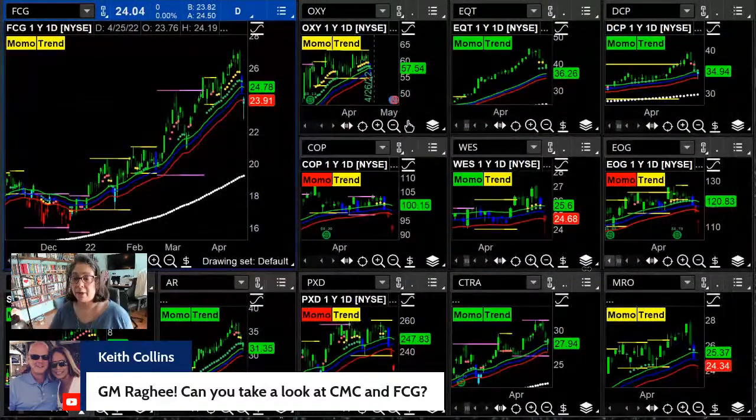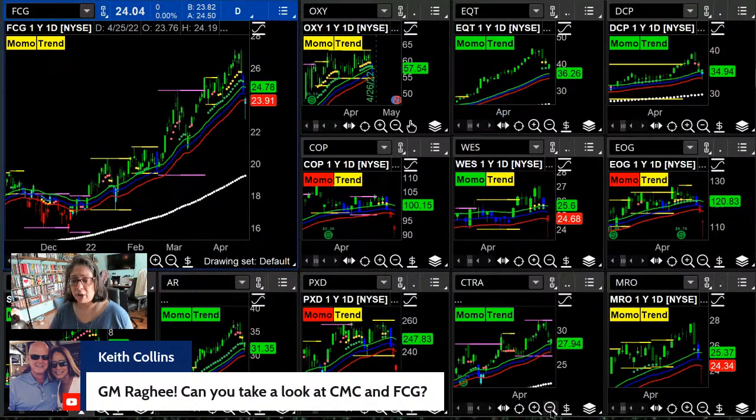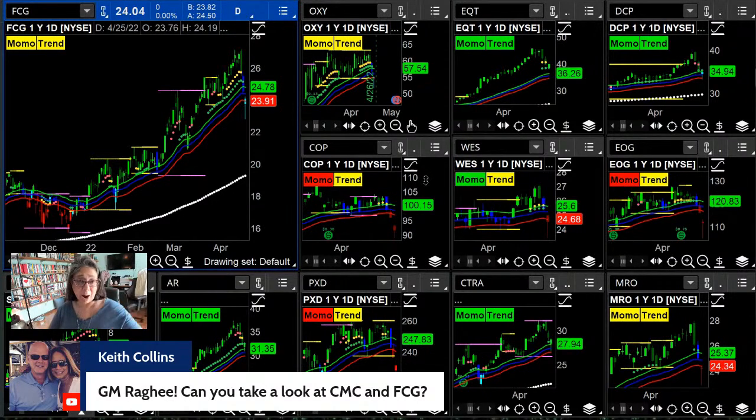And this is the best way to scan for relative performance, gang. Nothing even comes close. What this allows you to do with a free layout and some basic labels is get a really solid relative performance. I like to focus on outperformers. Look, so here's your FCG.